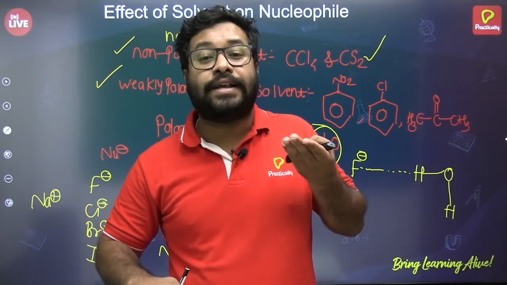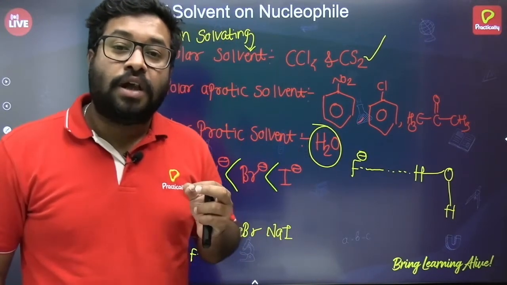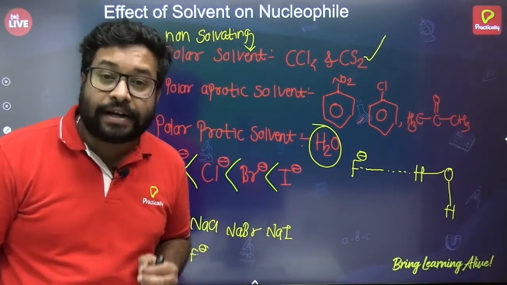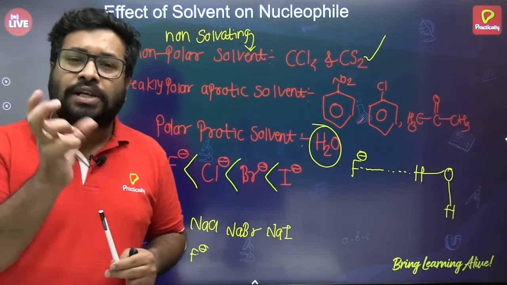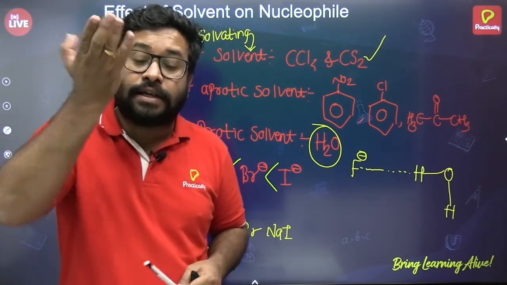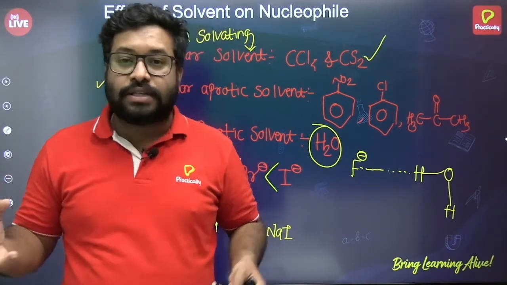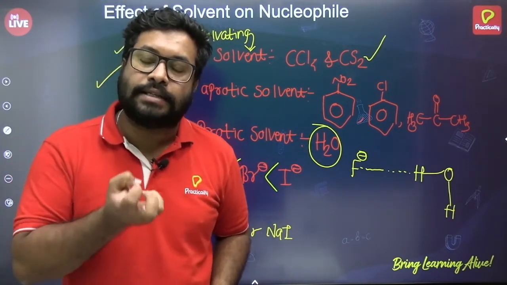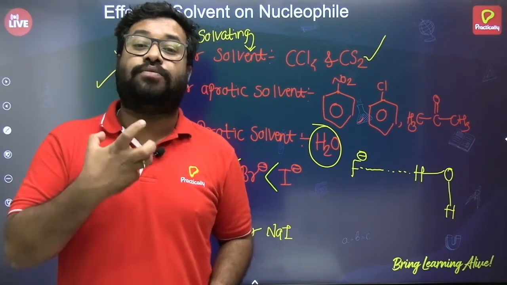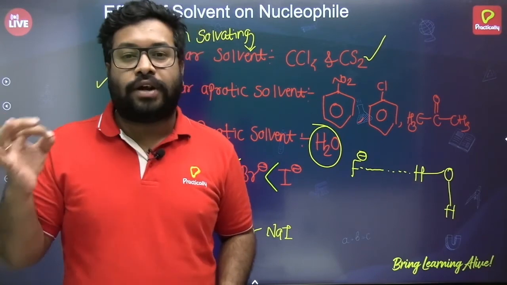F minus would be extensively hydrated by water, because its charge-to-size ratio is largest, and for I minus it is lowest. So the negative charge is highly concentrated for F minus, and therefore it is effectively solvated by water.